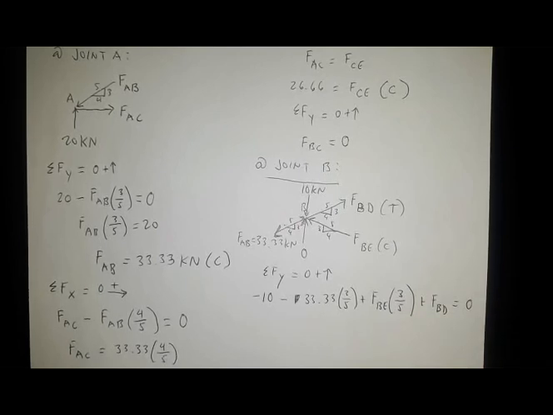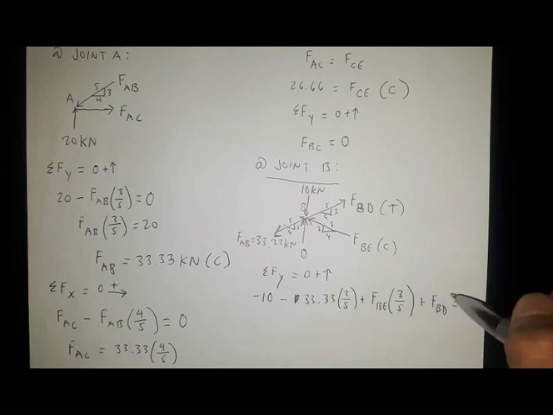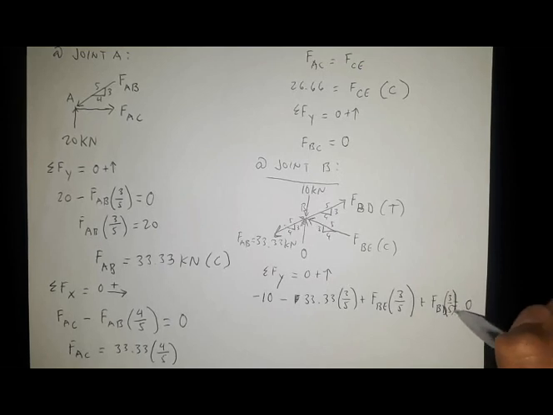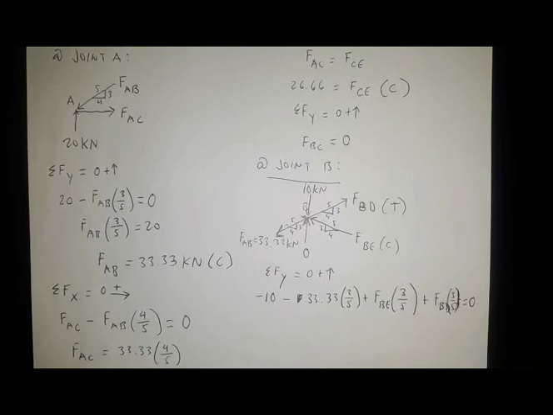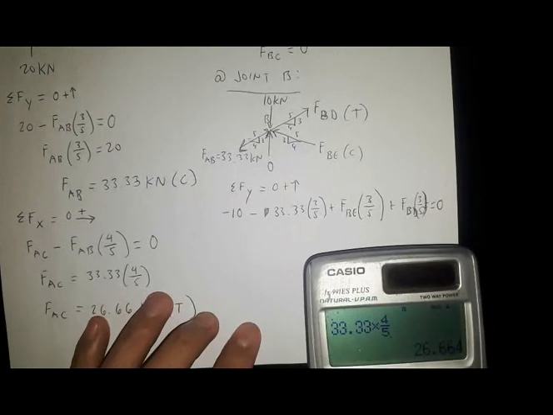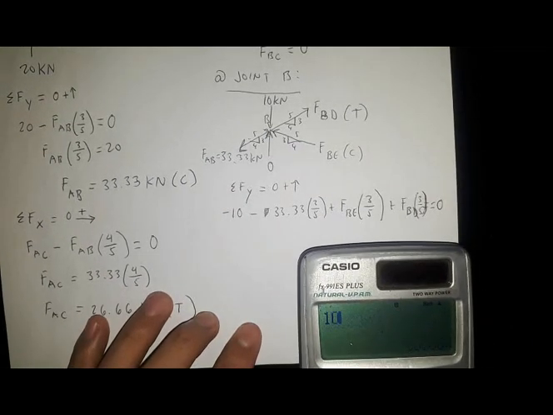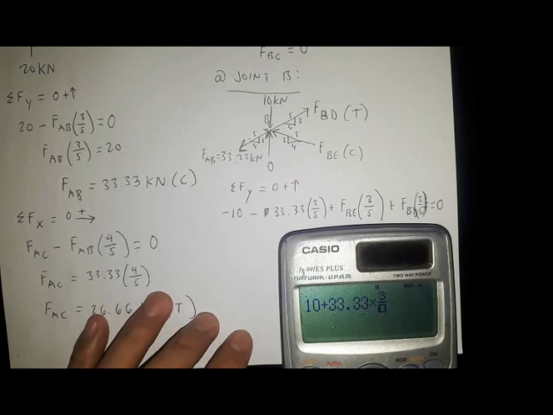So this will be equal to FBD times 3/5 equals 0. So adding algebraically these two, we have 10 plus 33.33 times 3/5, so this is 30.